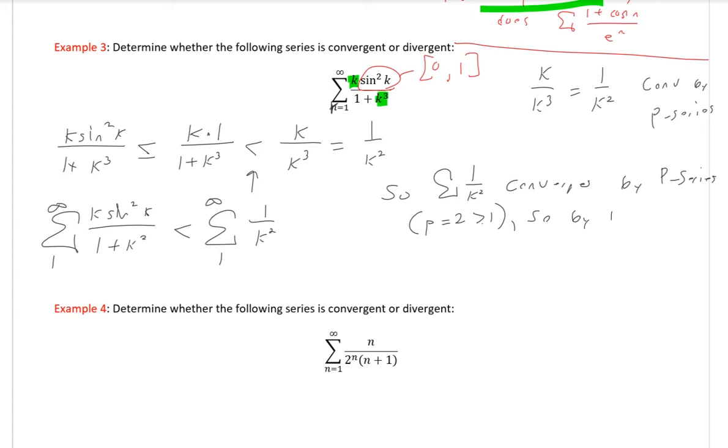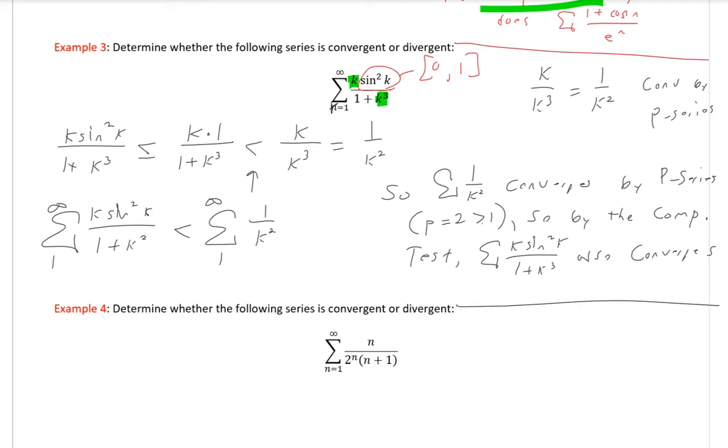So by the comparison test, the sum of k sine squared k over 1 plus k cubed also converges. And that would be that example.